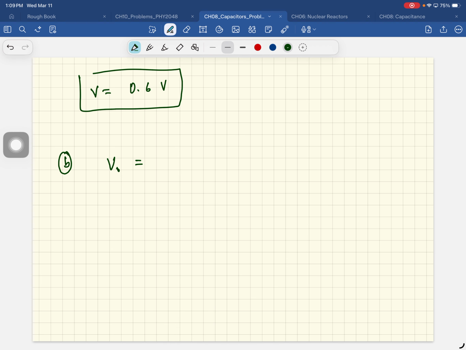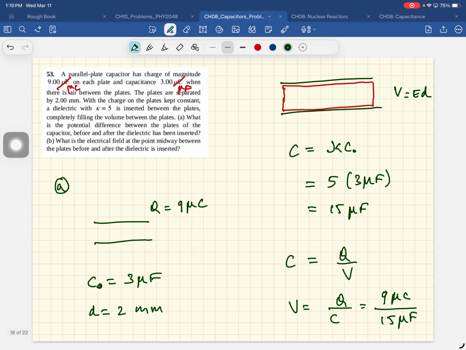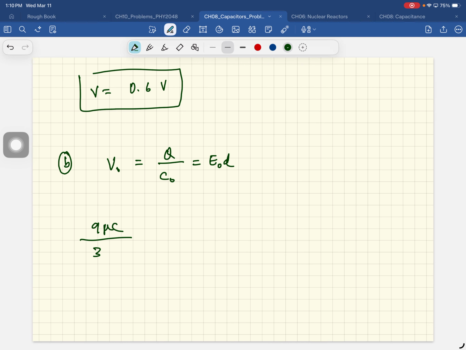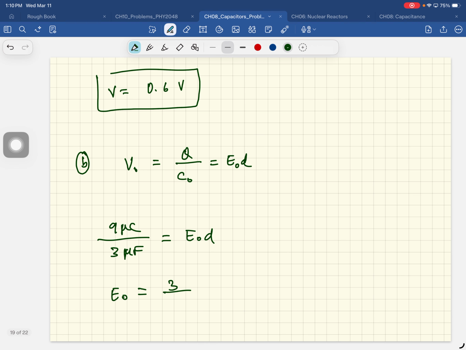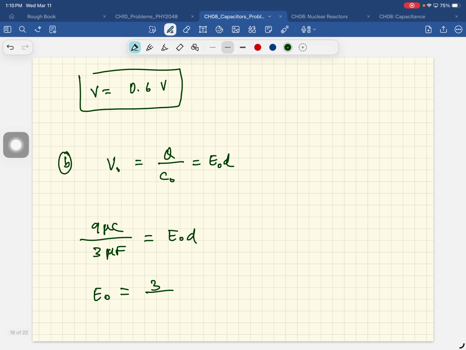So V naught was equal to Q over C naught. That was equal to E naught times D. Okay. So Q was 9 microcoulombs divided by 3 microfarads. So the field before the dielectric was inserted was equal to 3 divided by 2 millimeters, 2 times 10 to the minus 3 meters.